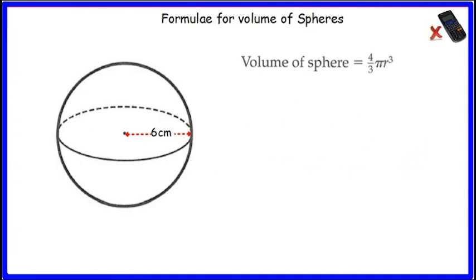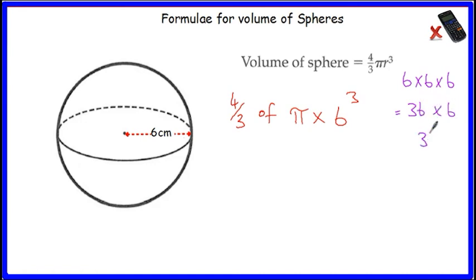It's done. And you may get asked it without a calculator. Volume of the sphere, but that's still going to be okay. It's going to be 4/3 of pi times radius cubed, so 6 cubed. Now 6 cubed is 6 times 6 times 6. 36 times 6, so that's 216. So it's going to be 4/3 of 216 pi.